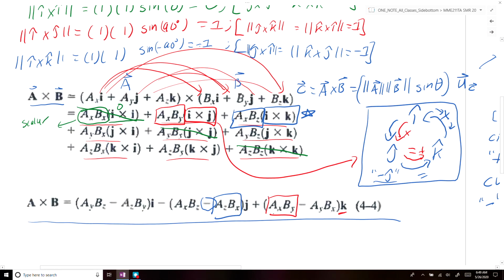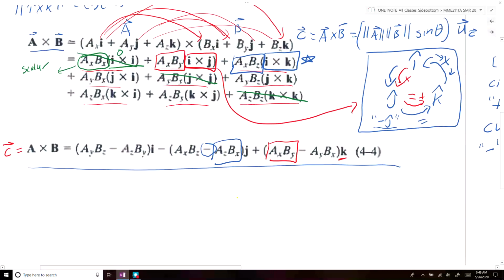All right. So the remaining 6 terms will also fill up the rest of this matrix, and this is our formula to get our cross product between two vectors A and B for a Cartesian vector.